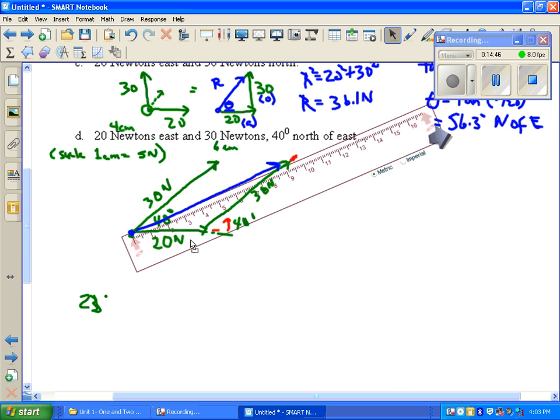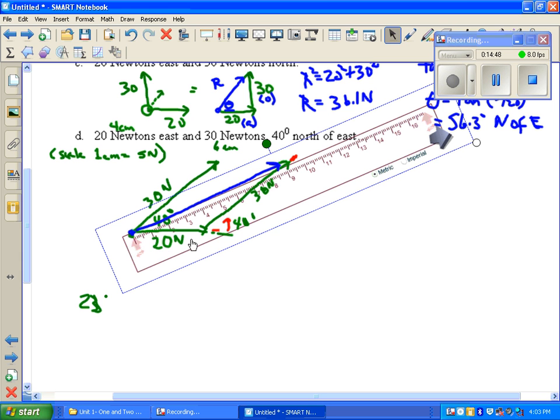Okay, and it looks to me like the length of that is just about 9 centimeters. So I'm going to write down 9 centimeters. But remember, my scale is 5 to 1, so I'm going to multiply that by 5 newtons per 1 centimeter, and that's going to give me 45 newtons. So my final answer is my resultant is 45 newtons.